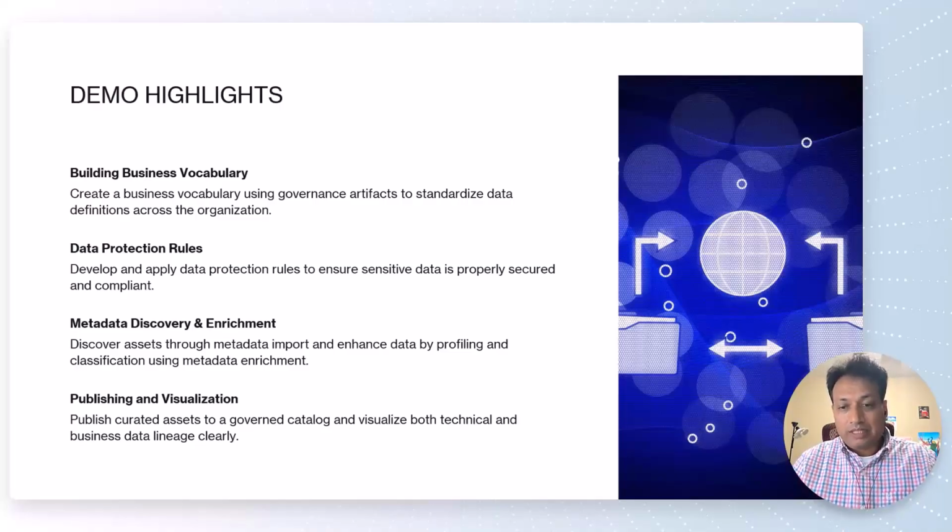Then we'll do the profiling and classifying data with metadata enrichment. Then we will publish the curated assets to the governed catalog. And at the end, we will visualize business and technical lineage information. Each step is designed to show how these tools can automate and enhance data governance processes.